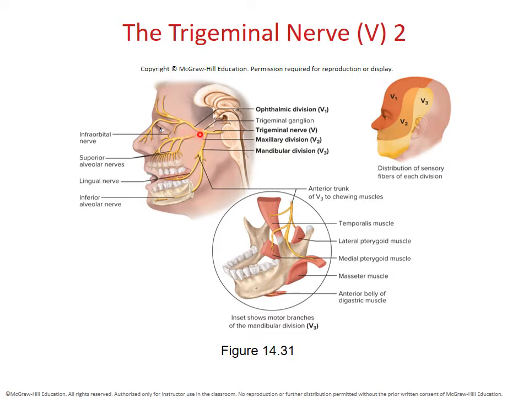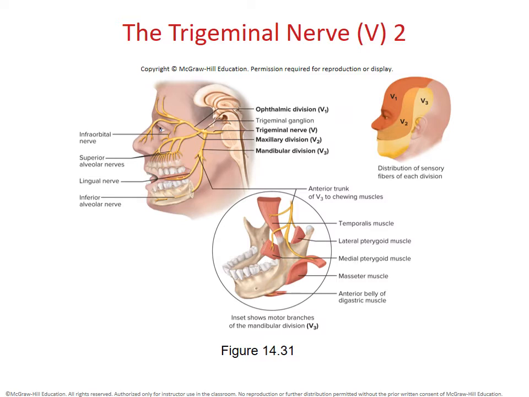The maxillary division of the trigeminal nerve passes through a foramen we learned, the foramen rotundum, and then again courses forward onto the cheek and upper jaw. And then finally, the mandibular division passes through the foramen ovale and the floor of the cranium, and then down to the jaw.